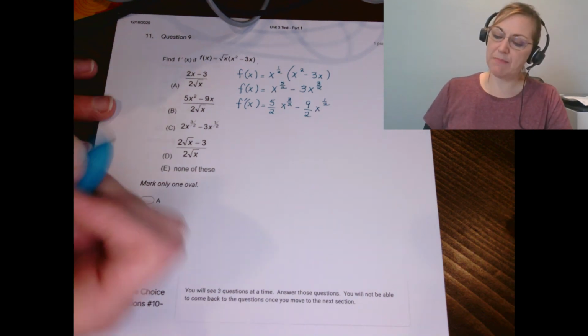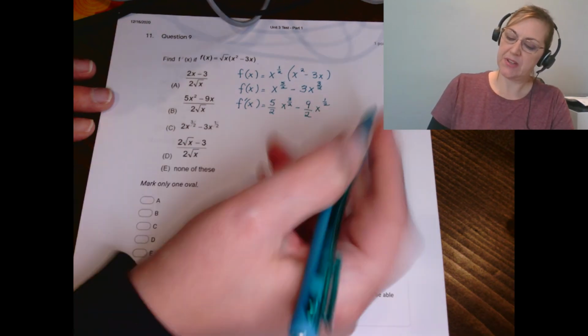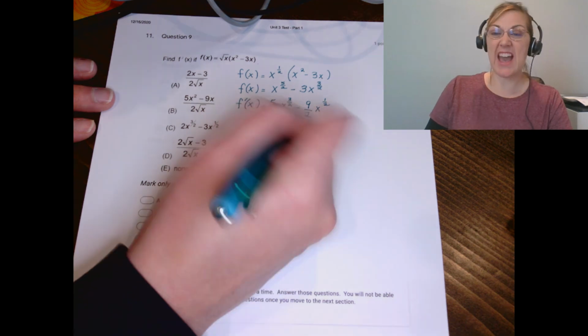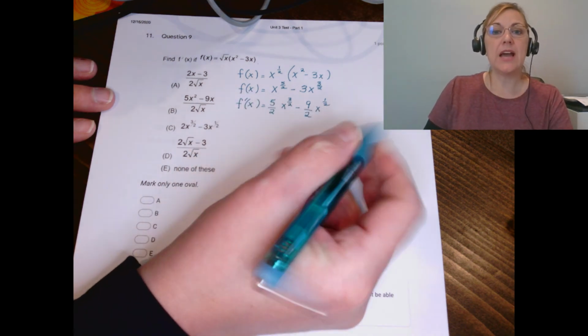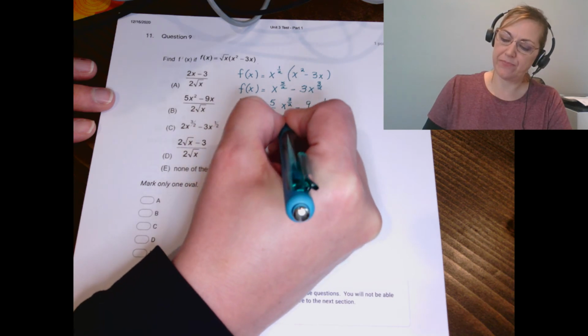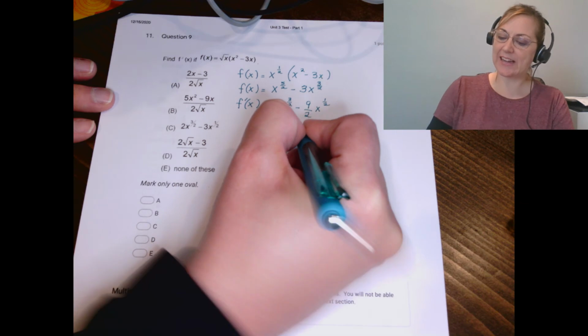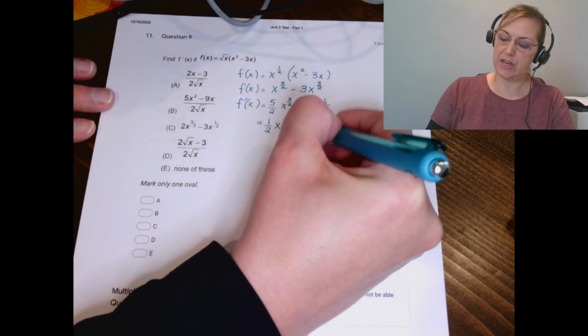Okay, we can make a common factor here. It looks like they have a half in common, and they also have an x to the 1 half in common. So that becomes 5x minus 9.